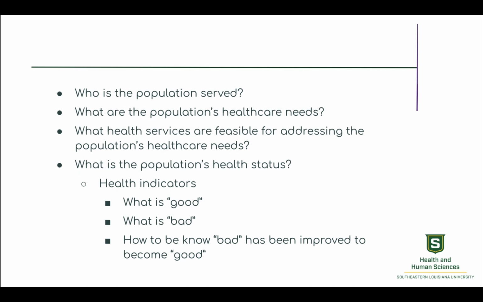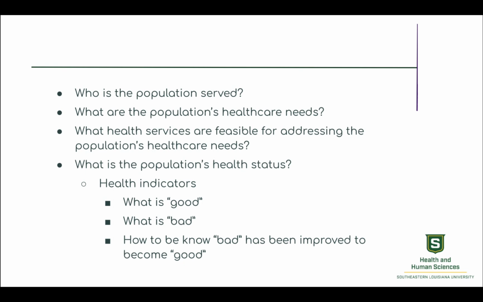What the metrics do for us is give us a sense of what is good and what is bad, and how we know that bad has been improved to become good by the time we provide services. That is where we have things like measuring mortality rates, incidence rates, prevalence rates.